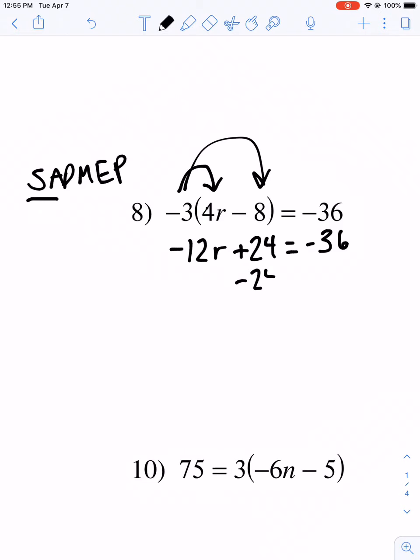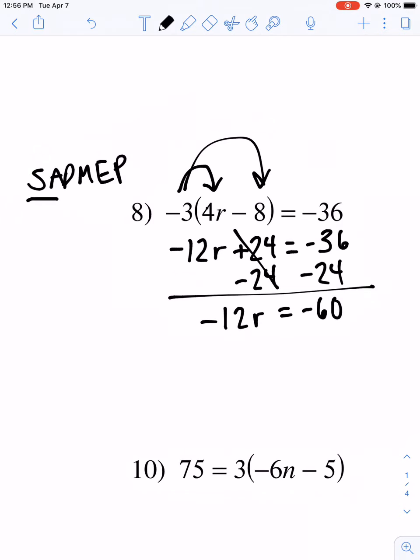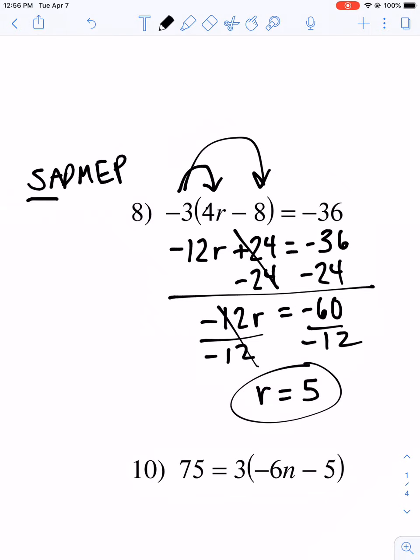I've got it right here. 24 minus 24 is 0, it cancels out, so I just have negative 12r here. Negative 36 minus 24 is negative 60. We're multiplying here, so its inverse is dividing. And we get that r is 5. Nothing too crazy here. Just remember DC SADMAP.